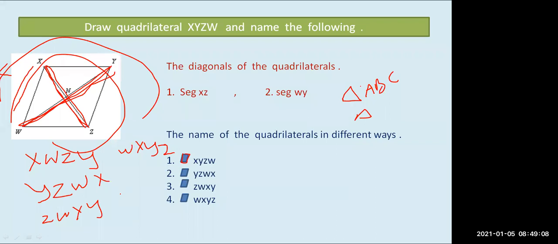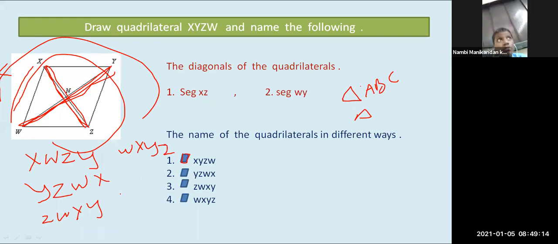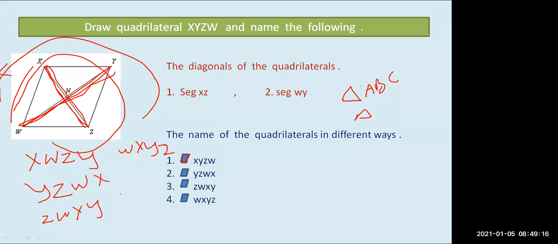That is, when we add all the angles of a triangle, we get 180 degrees. The sum of all the angles of a triangle gives you 180 degrees, and the sum of all the angles of a quadrilateral gives you 360 degrees. Last time we have seen, if suppose I'm drawing a quadrilateral, in my quadrilateral I have two triangles, this one triangle and the other one triangle. So this triangle gives me a measurement of 180 degrees.